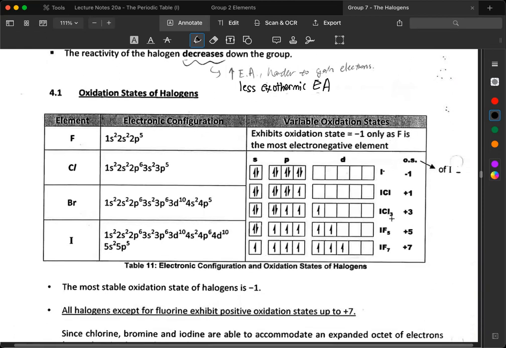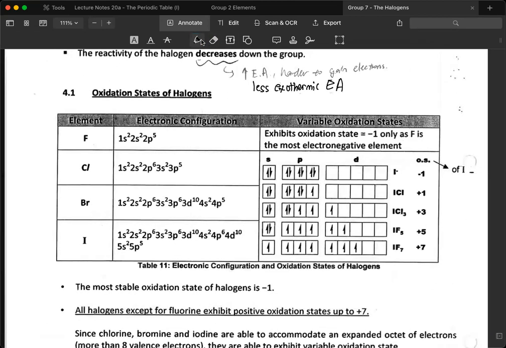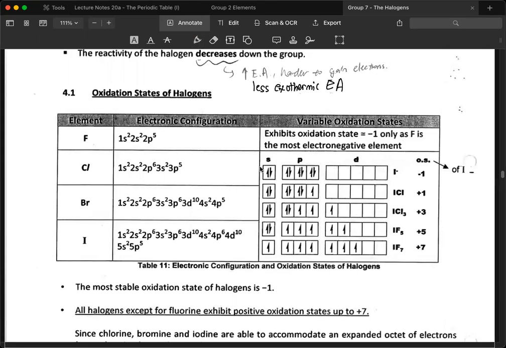These are the variable oxidation states they can form, for example ICl with +1, then +3, for I. So iodine can assume different oxidation states in different compounds.